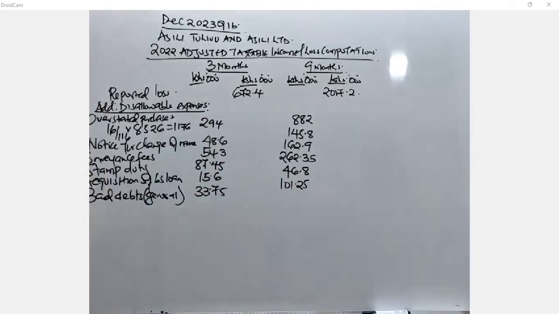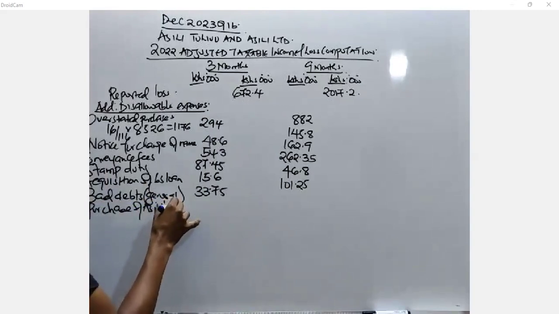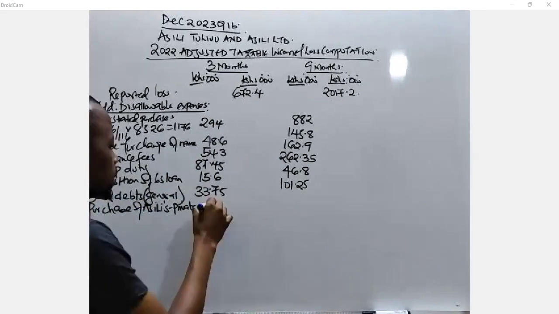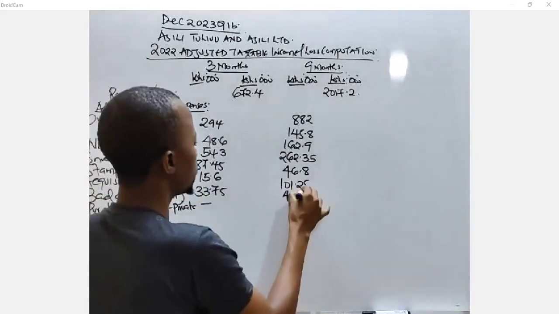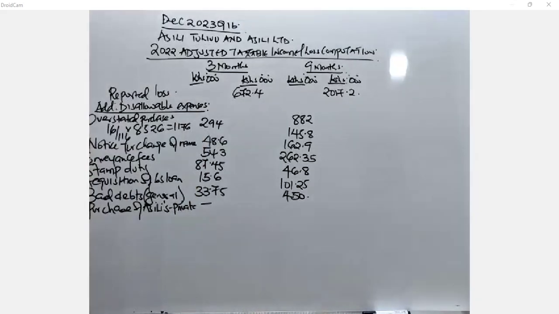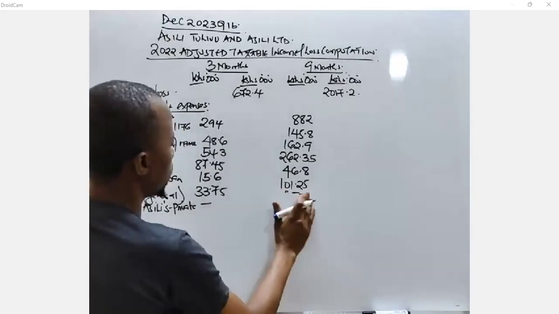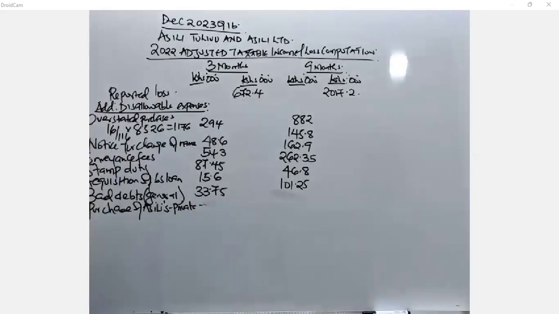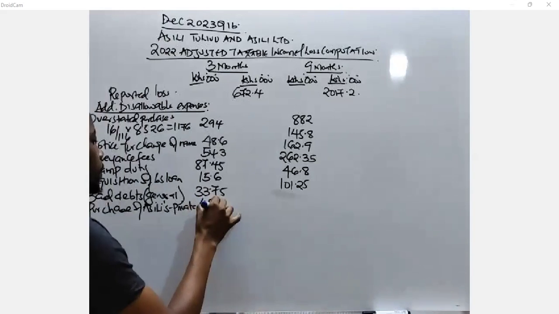From there, we go to the signing of a 99-year lease agreement, which is an allowable expense. We have the purchase of Asili's private residence amounting to 450. It should relate to Asili, the partner, but it is not stated.